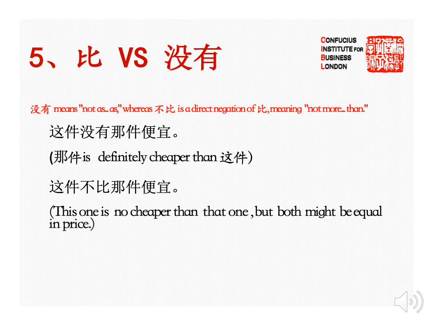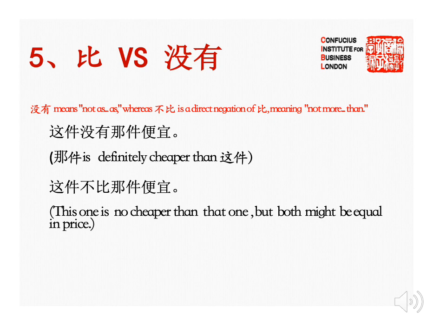Okay, so let's get a very simple conclusion on the difference between 不比 and 没有. 没有 means not as adjective as, whereas 不比 is a direct negation of 比, meaning no, not more than.